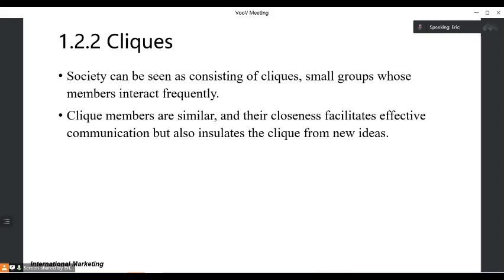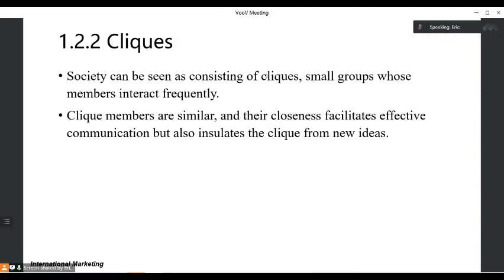Maybe after work we drink together, we play together. Okay, we have the same characteristics, the same interests. So cliques are also an important factor in your purchasing.